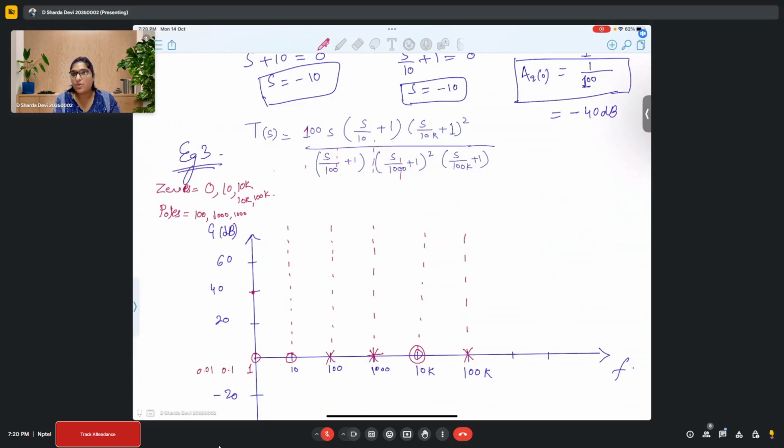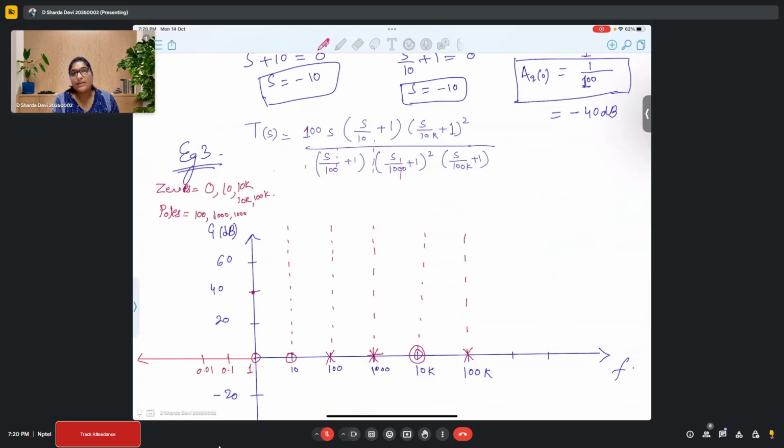These are very small values, so we can neglect them, right? The reason being that this graph never starts from 0. That's why we are starting it from 40 dBs.